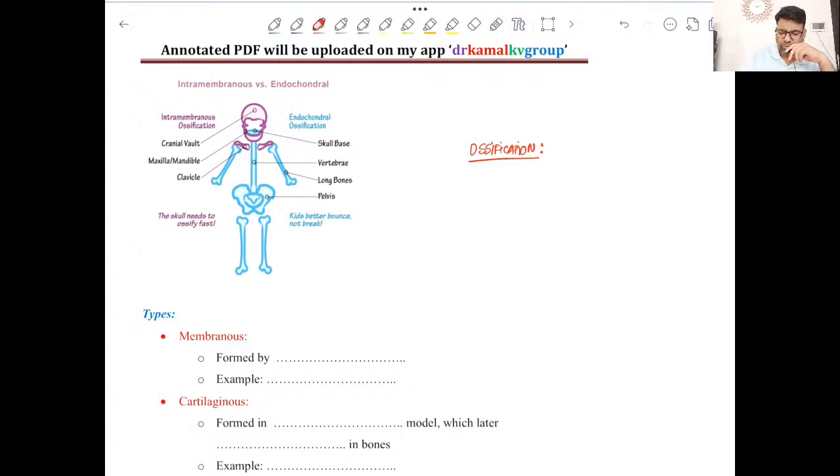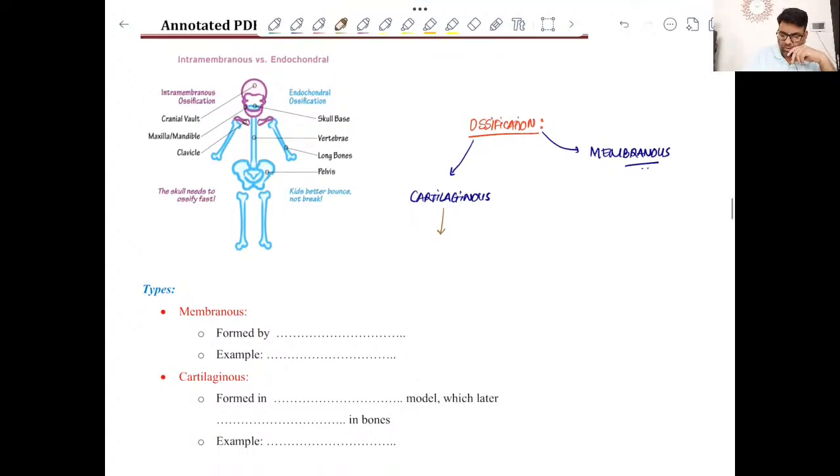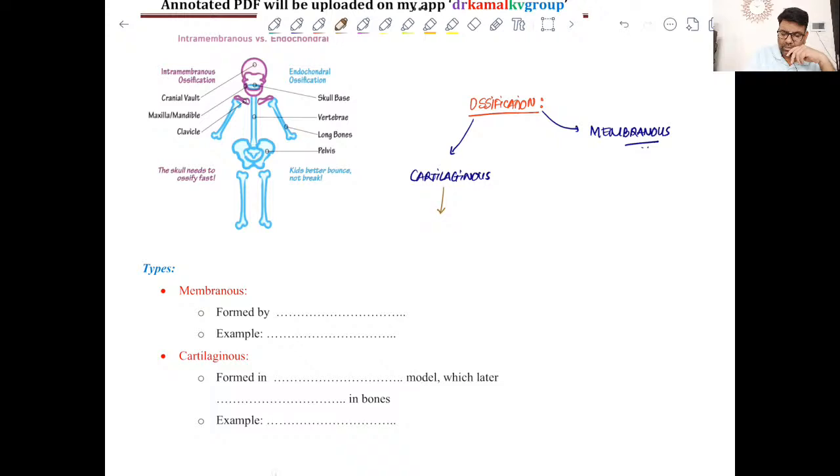So there are two models. One is a cartilaginous model, and another is the membranous model. So it means either cartilage will ossify or membranes will ossify. Cartilaginous is usually the hyaline cartilage, and this is for the majority of bones in the body.